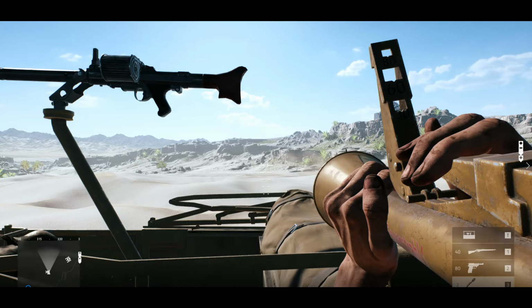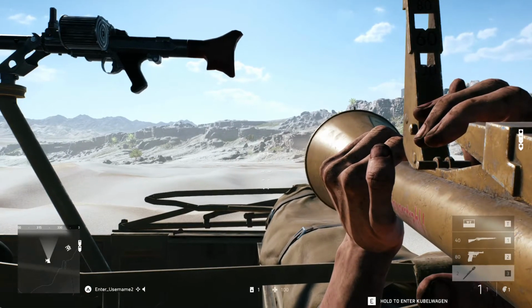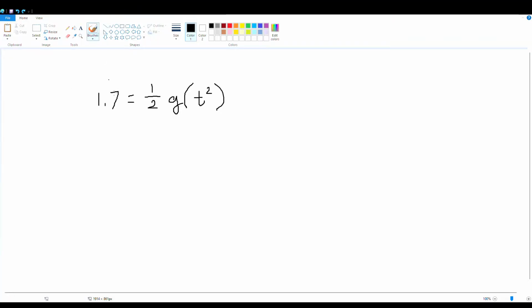So now we just have to calculate the t portion, and we can do this by timing how long it will take for the rocket to hit the ground. After doing the experiment, I found out that it takes about 0.8 seconds for the rocket to hit the ground.